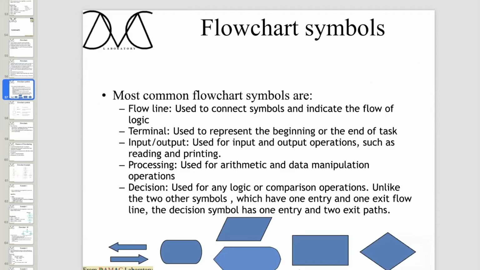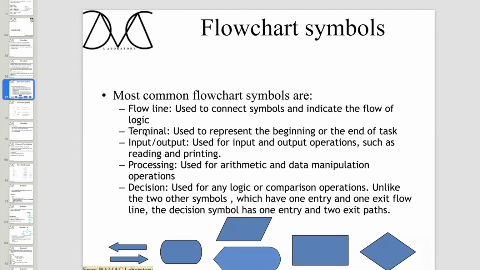These are the very basic symbols we have. For example, the flow line. You can see here the flow lines, left arrow or right arrow, up arrow or down arrow, whichever you can use based on the requirement in the flowchart to show the flow of execution.